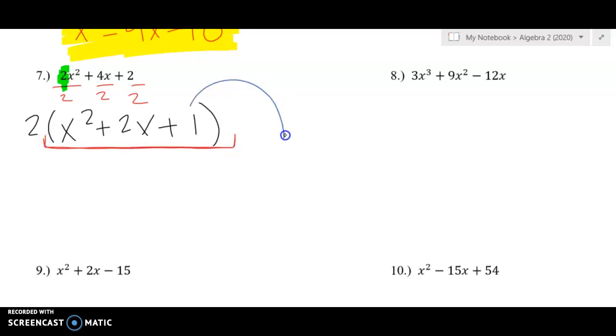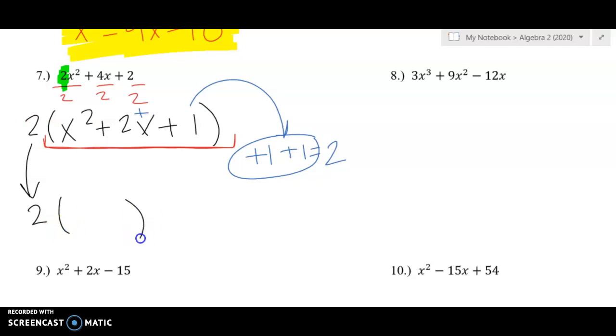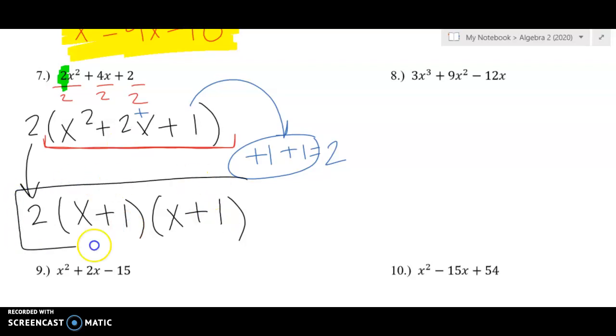So what multiplies to 1 and adds to 2? Only thing that multiplies to 1 is 1 times 1, and if I make them both positive, that's going to give me the 2 that I want. So I drop down the 2 in the front, and I do my factors. One of them has a +1, the other one has a +1, and then it's factored.